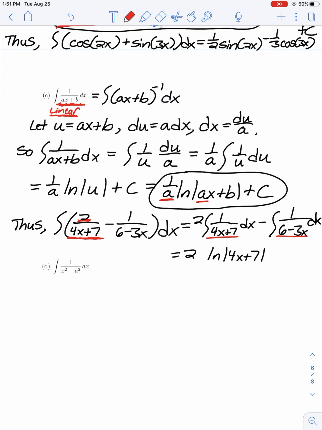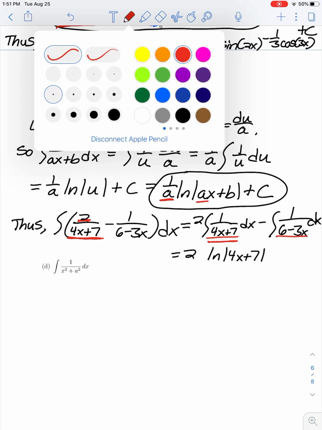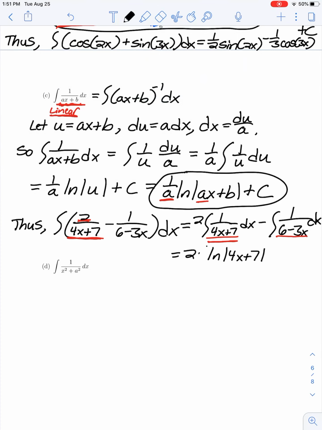That is 1 over the slope of that linear function. So in this first piece, we had a 4x plus 7. So out in front, we're going to be multiplying by a 1/4, or our 2 over 1/4 becomes 1/2, the natural log of 4x plus 7.